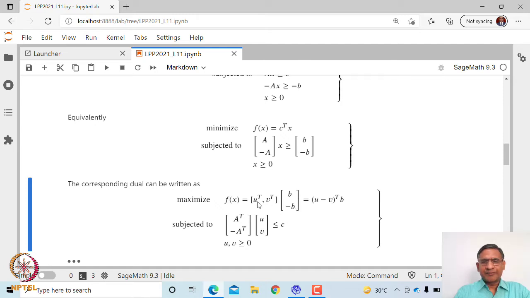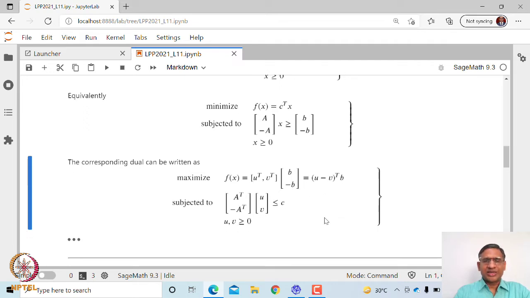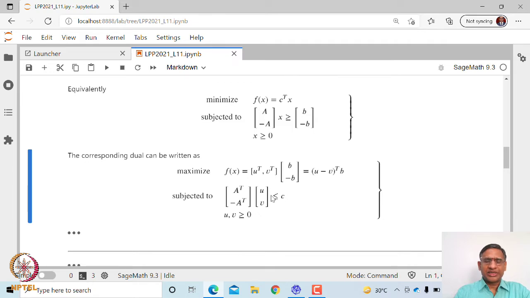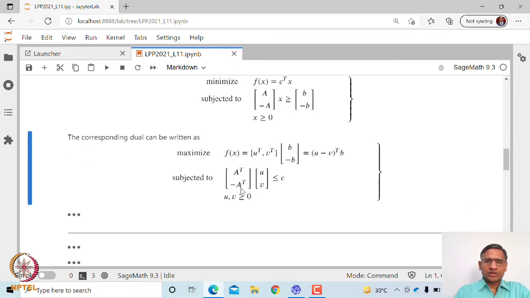So that is the same as saying u transpose b minus v transpose b, that is your objective function. Therefore that can be written as u minus v, transpose, b, subject to these constraints. Right. So that's the modified problem, that is the dual problem of the standard linear programming problem of equality type.